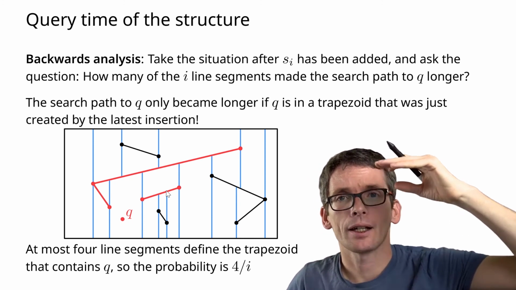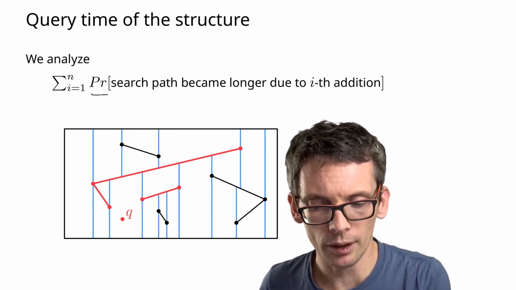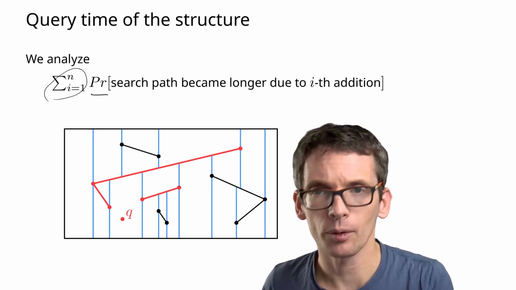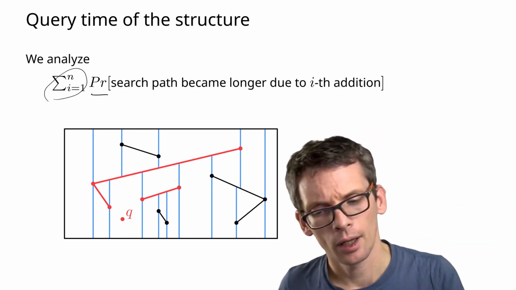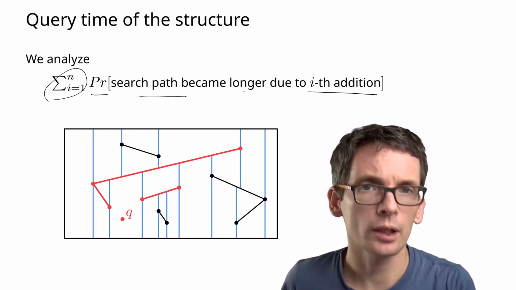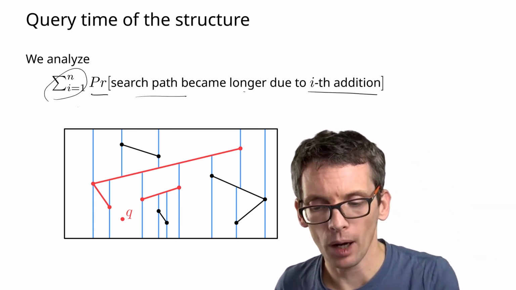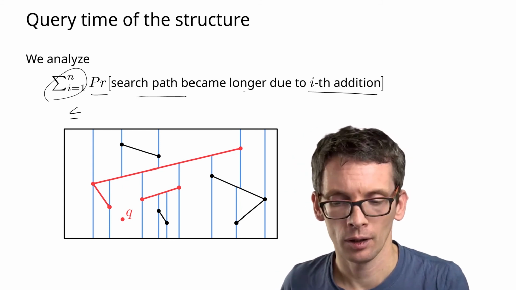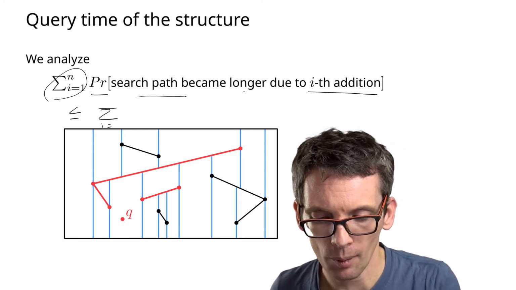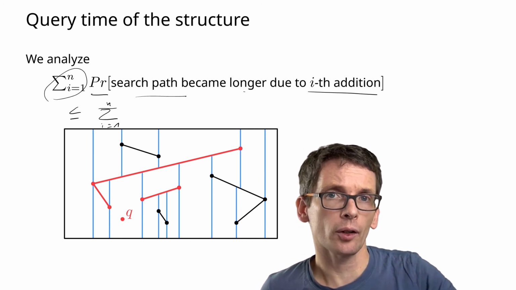This means that the length of the search path, so what I'm analyzing, is the probability. So I'm looking at n insertions. The probability that the search path became longer with the ith insertion is bounded by, so I have the sum from 1 to n of the probability that this path got longer with the ith insertion.